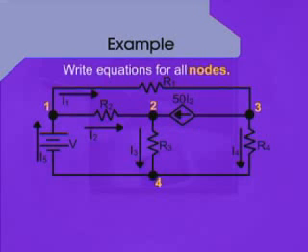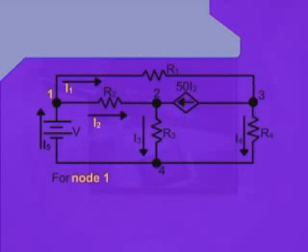Let's try to write down the equation for node 1. Concentrating onto the node 1, we can see that current I1 is leaving the node. Therefore, we put a positive sign next to that. Also, we can see that current I2 is leaving the node 1 through R2, therefore, we also put a positive sign next to I2.